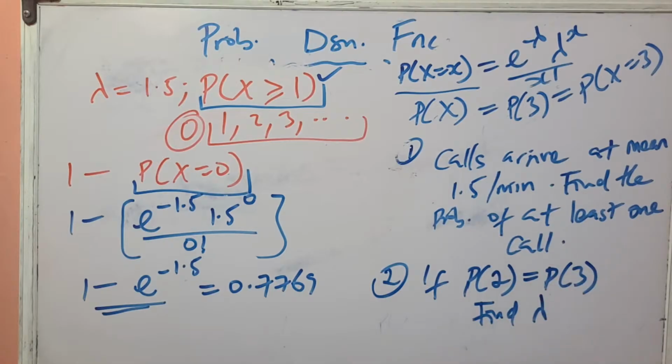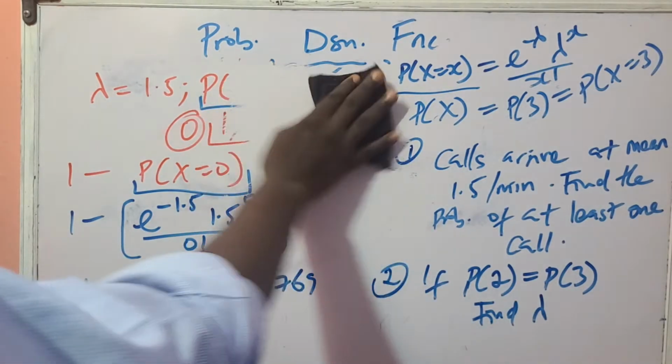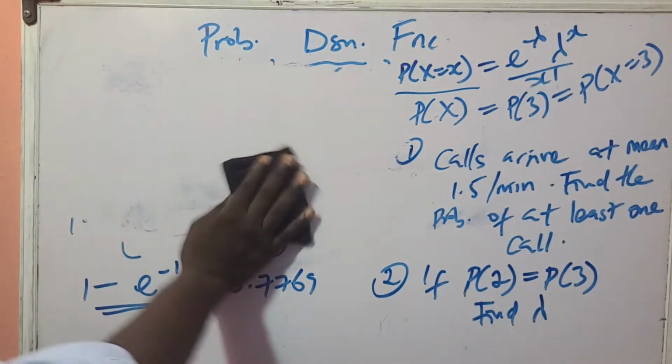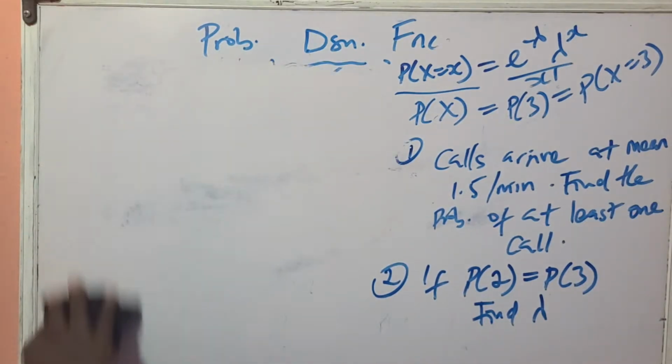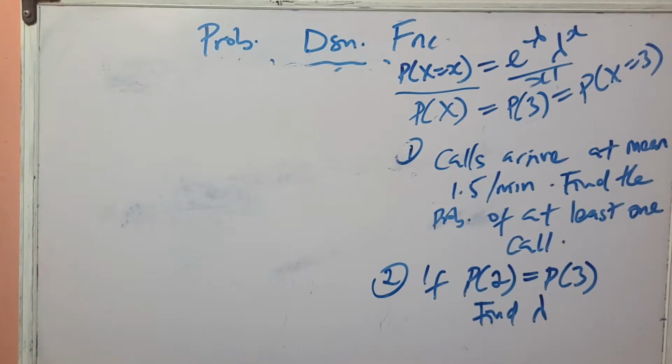So we are told now that probability of 2 is equal to probability of 3. We have to find the value of lambda. This is all word problems, technical questions, that you will only be able to solve if you have prior understanding of the whole concept. If you don't have it, this would look difficult, but it's not difficult at all.